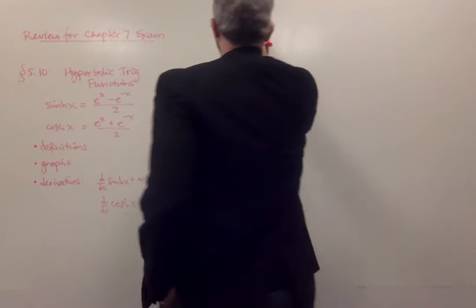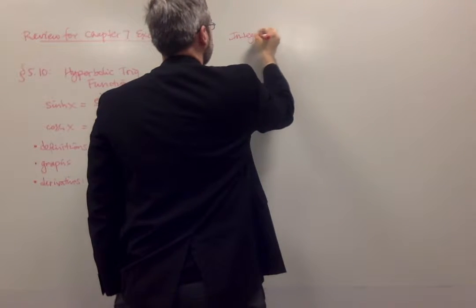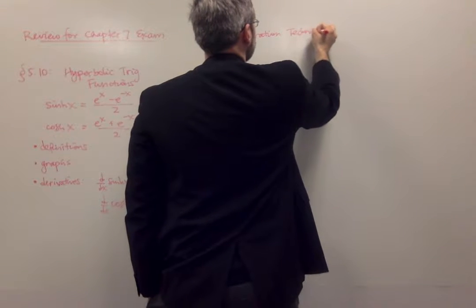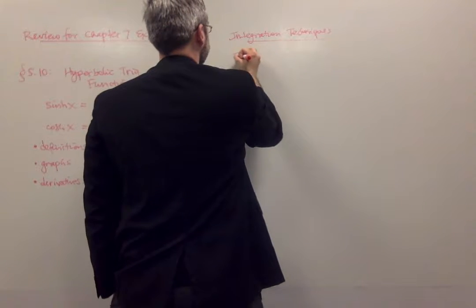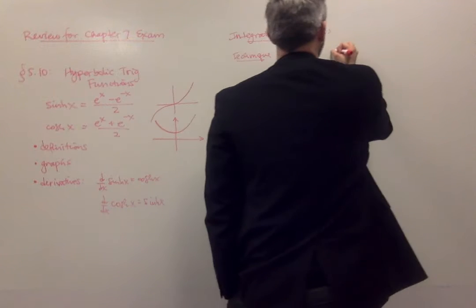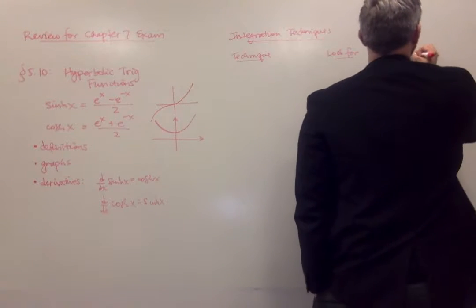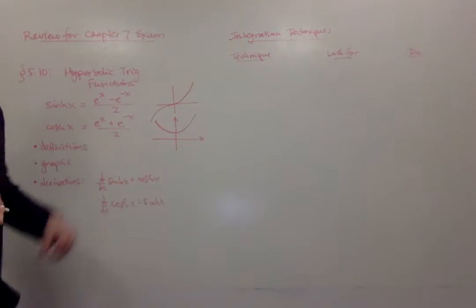Now let's do our Chapter 7 stuff with integration techniques. Okay, so we're going to have the technique, what to look for, and then what to do. Okay, the technique, what to look for, and then what to do.